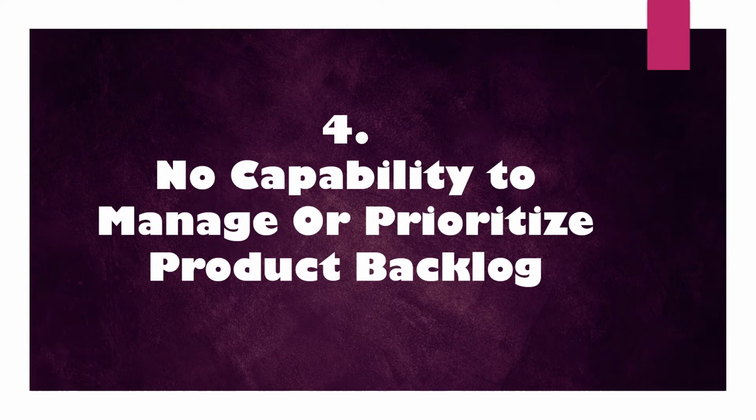Number 4, no capability to manage or prioritize product backlog. According to Scrum Guide, the product owner can delegate the product backlog management to Scrum Master and developers. However, Scrum Guide also says that the product owner is ultimately responsible of the product backlog.